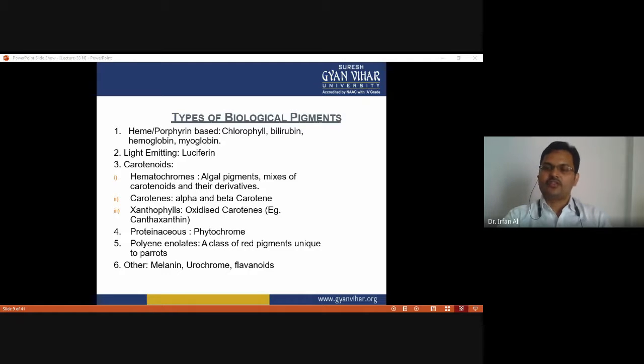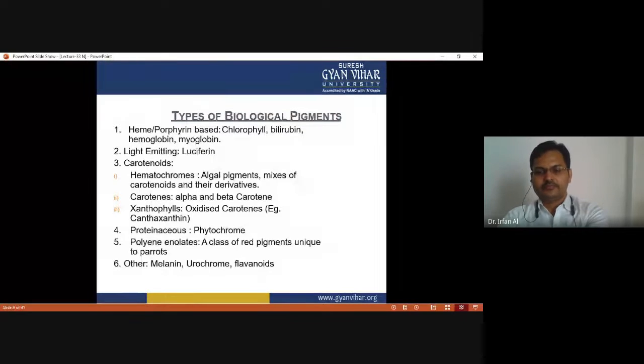Polyenes are also there, for example the red pigment found in parrots, and other pigments like melanin, urochrome, and flavonoids. These are the various types of pigments found in living organisms.